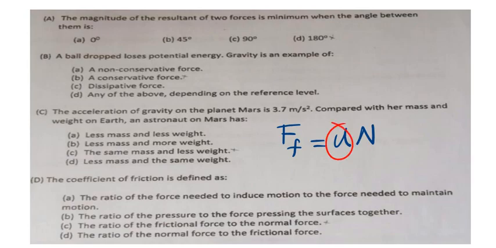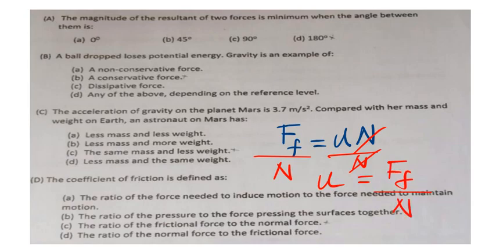The coefficient will depend: if it's the friction due to static, it will be S, and if it's the friction due to kinetic, this will be K. That is the coefficient. Now we're trying to find the coefficient based on this equation. So we divide by the normal force on both sides to make our coefficient the subject. Therefore our coefficient is equal to the friction force divided by the normal force.